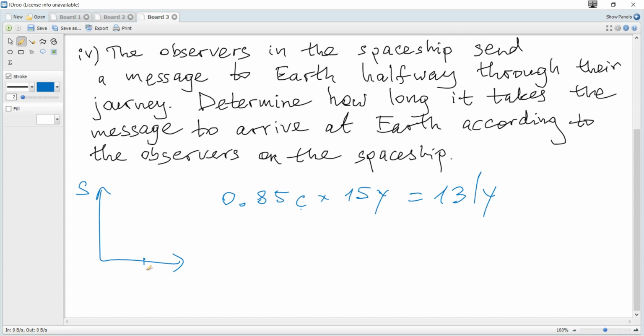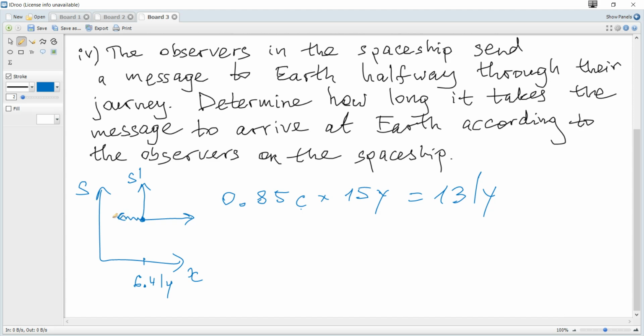Halfway in the Earth reference frame is 13/2, but it's 12.8 to be more accurate, so let's choose 6.4, but you may take 6.5, it doesn't matter. 6.4 light years in some x coordinate, and at this moment of time, in the rocket's reference frame, a signal is sent.